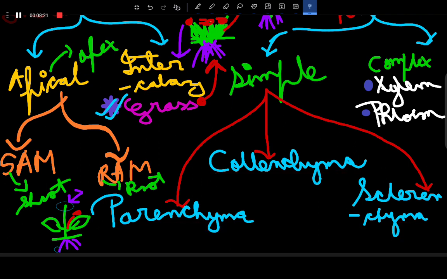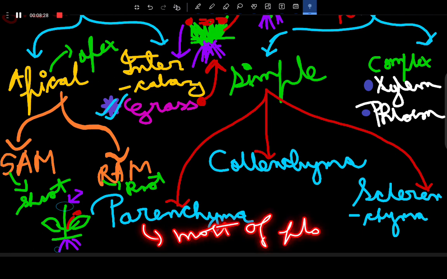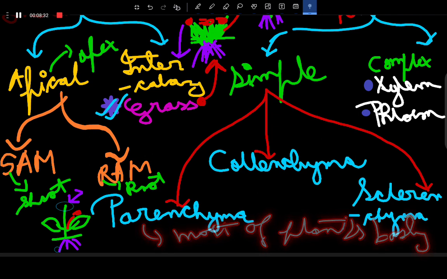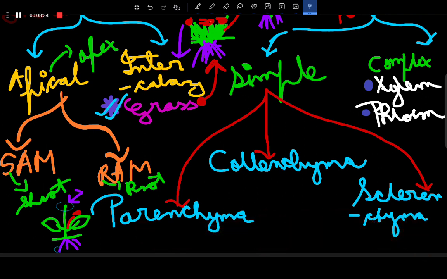Parenchyma just makes up most of the plant's body. This is just for information. I will give you all the information in the next videos also, when we discuss all these three. Now, collenchyma actually provides support.